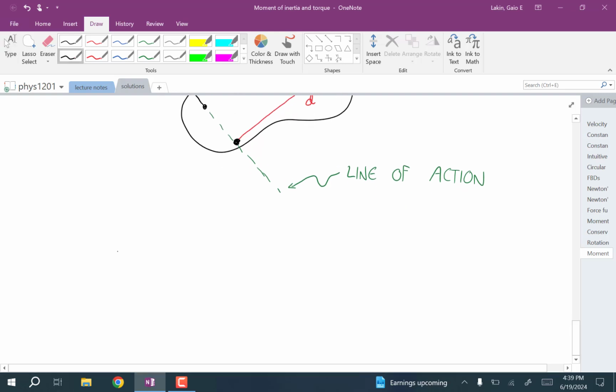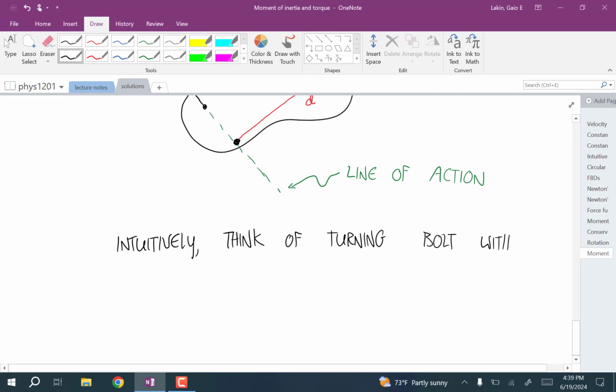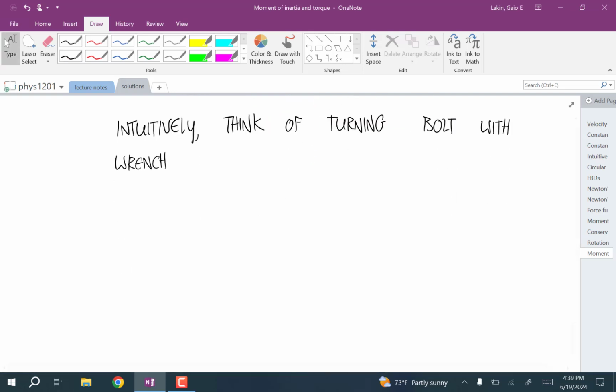Intuitively, when you're trying to make sense out of what a torque does, think of using a wrench to turn a bolt. So let's say that you're trying to turn this bolt.